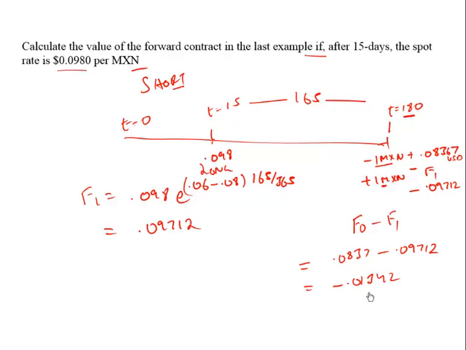If we have to compute the present value of the loss, then we have to discount it back. It's a US dollar calculation. Both these are US dollar numbers, so we'll discount it back by the US dollar rate. If it was a Mexican peso amount, then we would discount it back by the rate in Mexico. So it will be 0.01342 into e raised to the power minus 0.06 into 165 by 365.